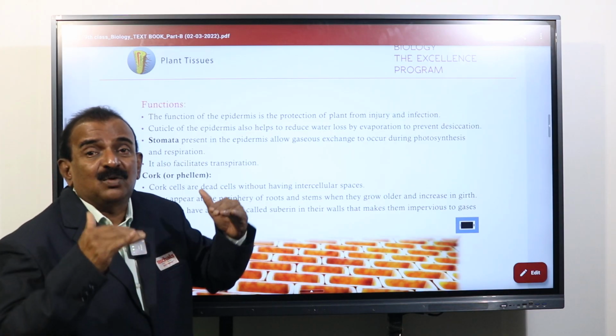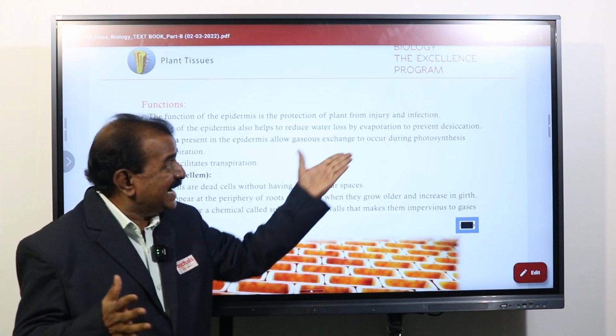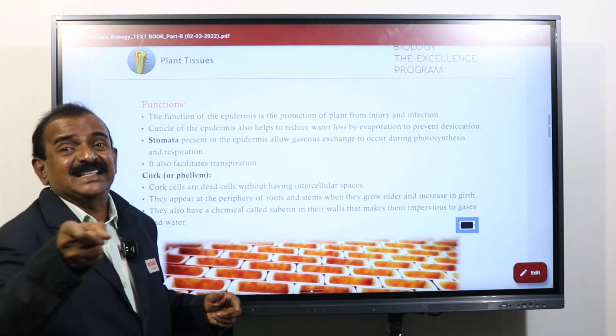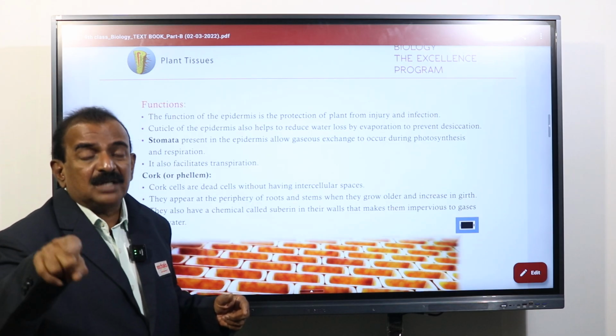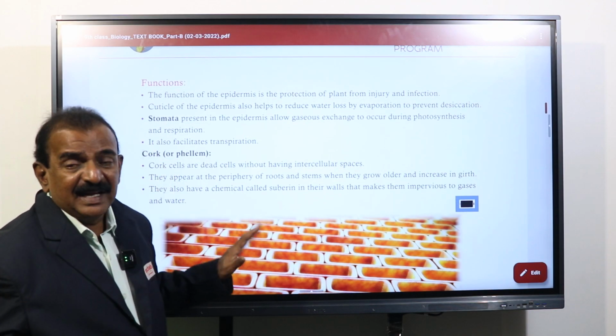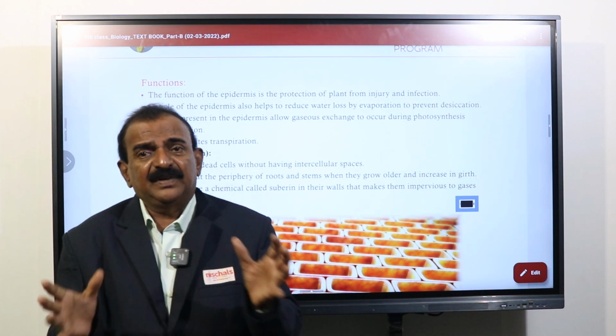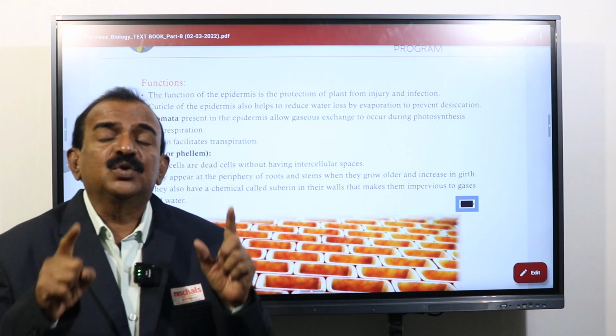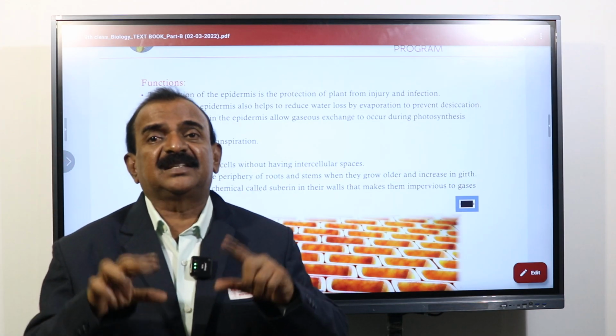The plants growing in desert areas, there you see it prevents desiccation. Loss of water is prevented by means of the cuticle, and stomata are also present on the upper and lower surface of the leaf, and these stomata are useful for gas exchange.